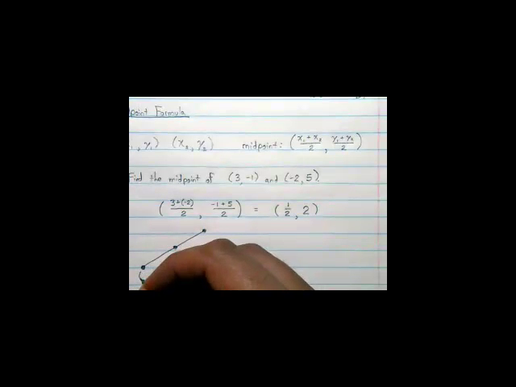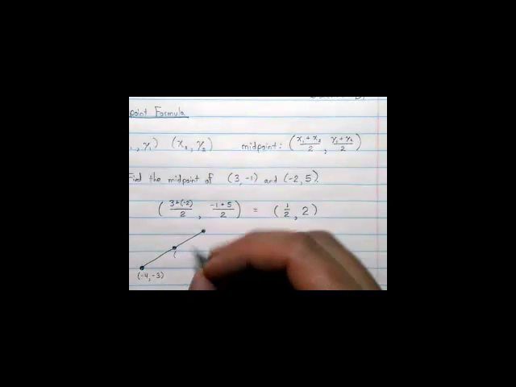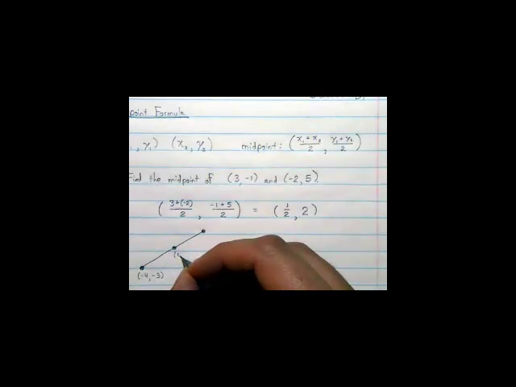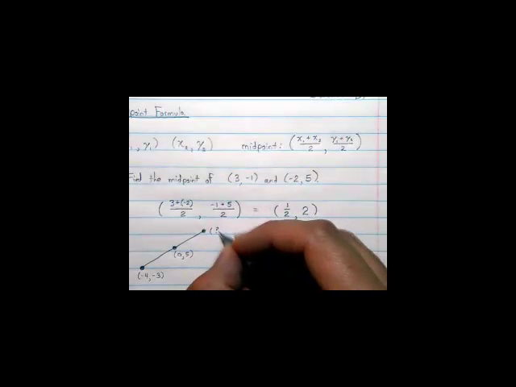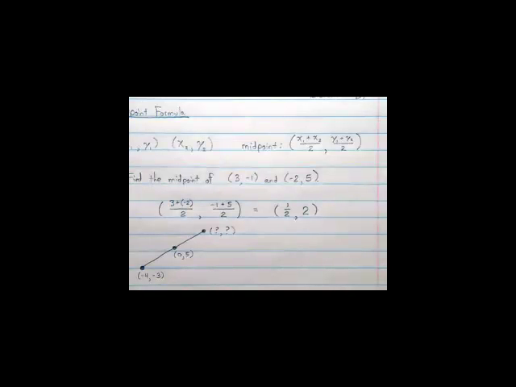So let's say this point is at (-4, -3). This point is at (0, 5). And then this one is what we want to find. We don't know.